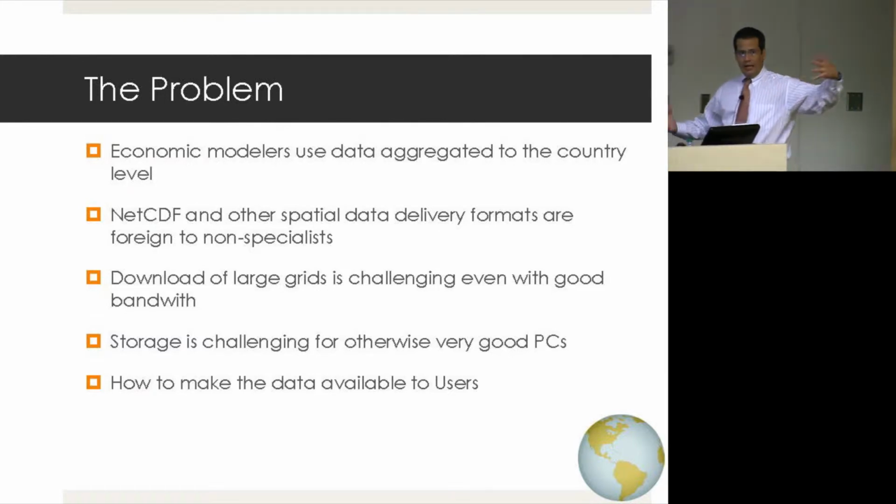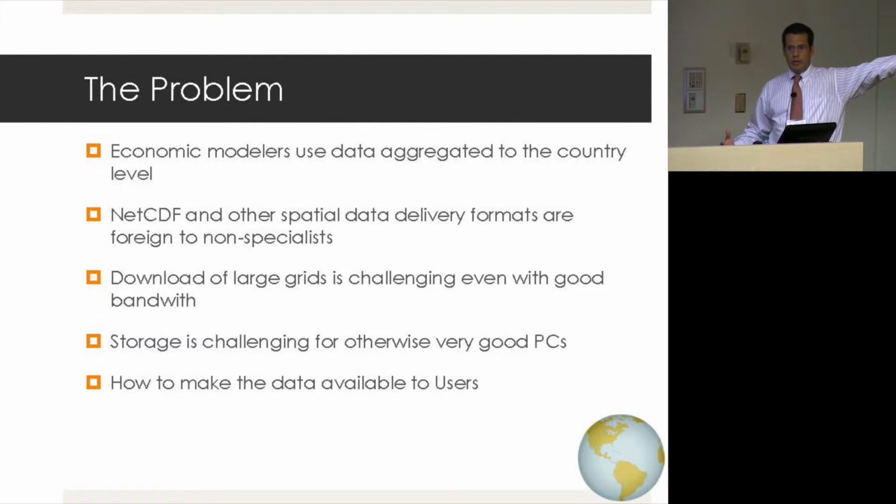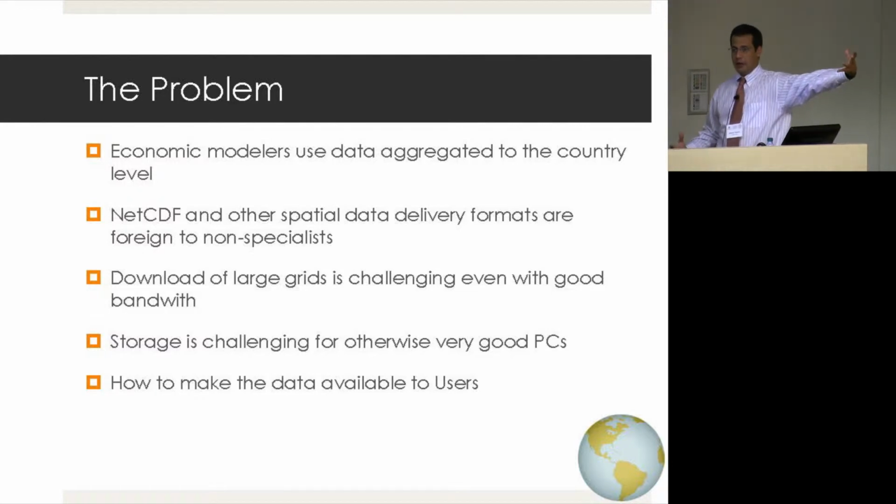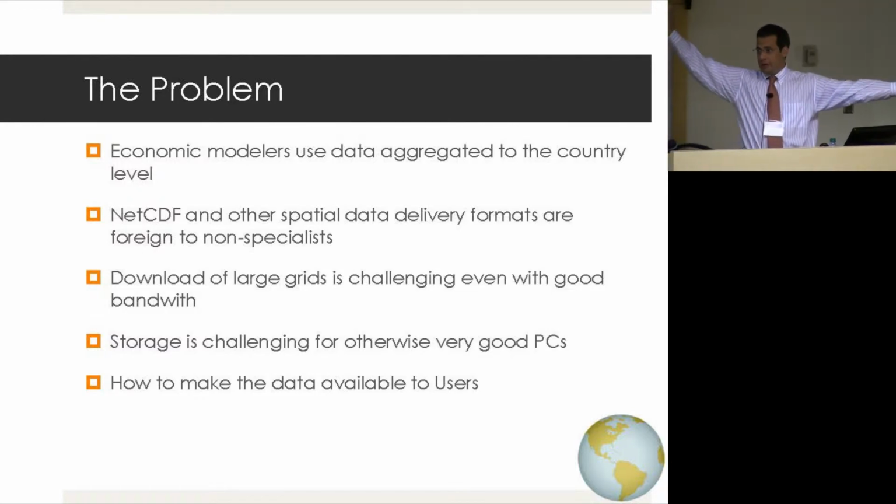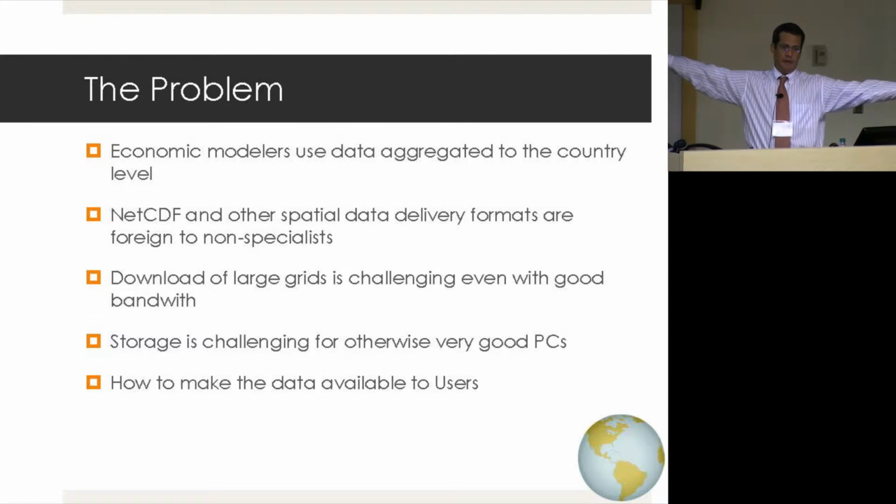So the question was how to make the data available to users. Can we channel that large community of crop modelers and climate modelers that are creating great information, a very large institutional group, with the 10,000+ people that we have in the GTAP network, for example? How can we make that link happen?